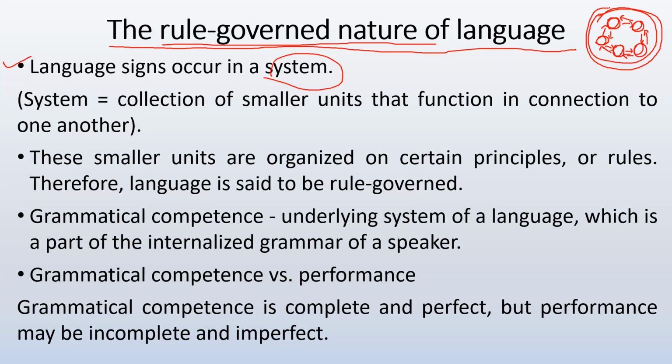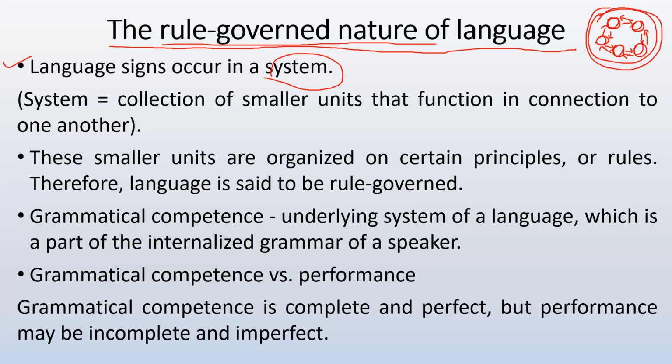Sounds in isolation and combination, we call linguistically phonetics and phonology, and word formation, morphology, sentence formation, syntax, and meaning as semantics. So phonetics, phonology, morphology, syntax, and semantics. These 5 units, okay? These 5 units are independent because they can function on their own, right? But at the same time, they are related to one another as well.